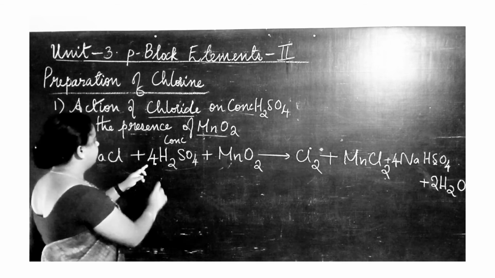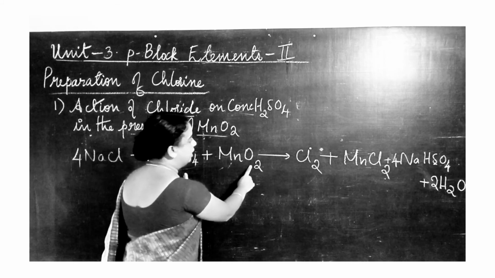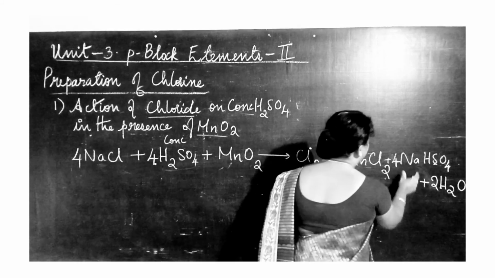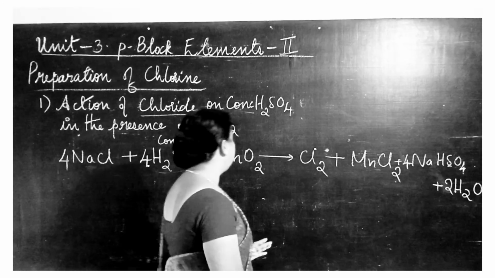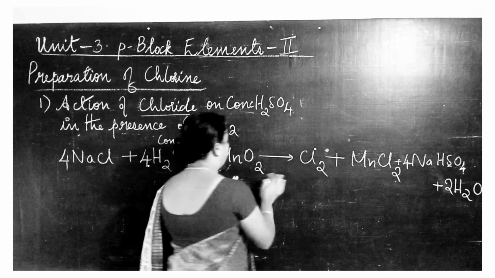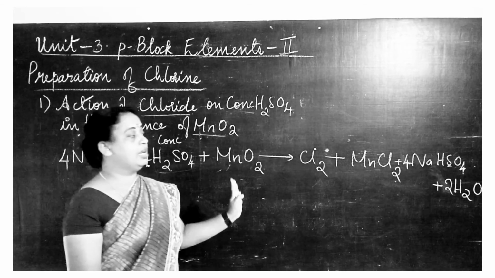Now looking at the oxygen atoms: 4 into 4, 16, plus 2, 18 oxygen atoms on the left, and on the right 4 into 4, 16, plus 2, so 18 oxygen atoms. That is also balanced. So all the elements on the left hand side as well as on the right hand side are balanced.